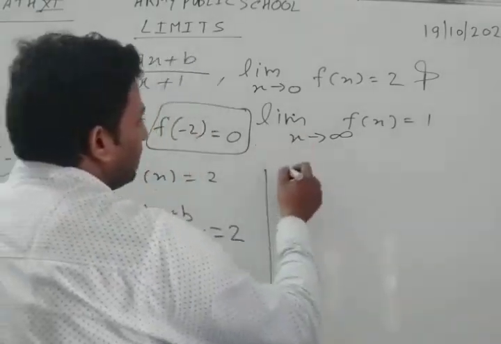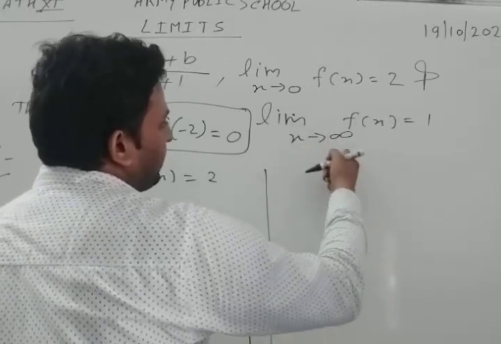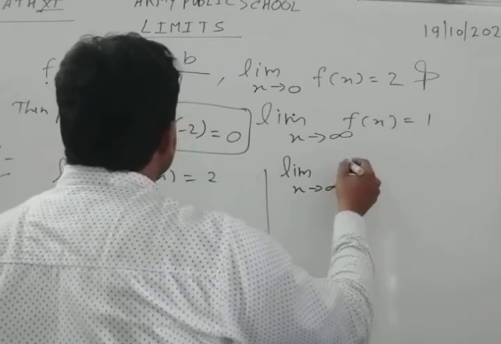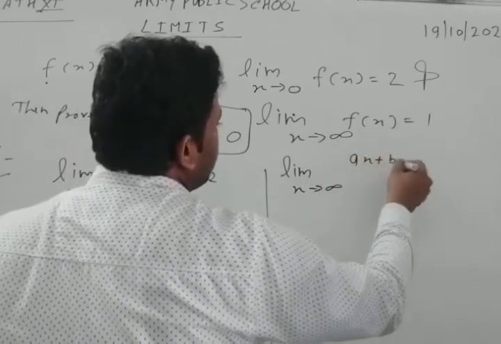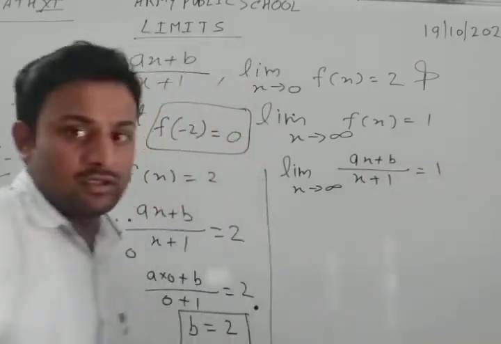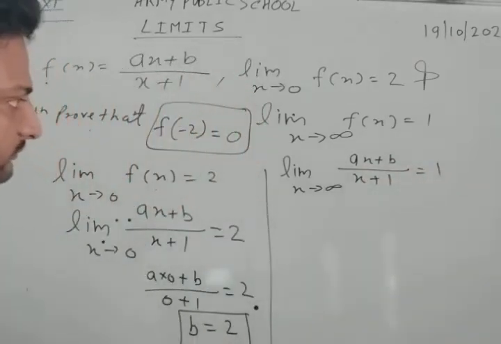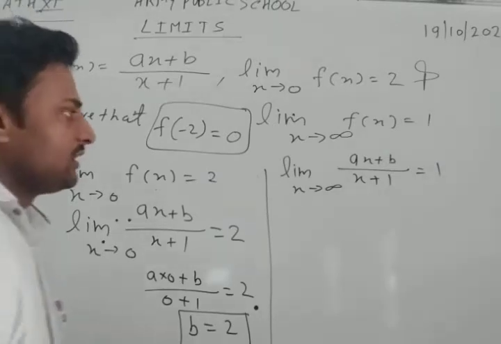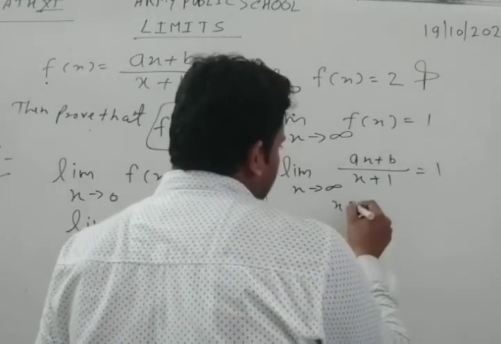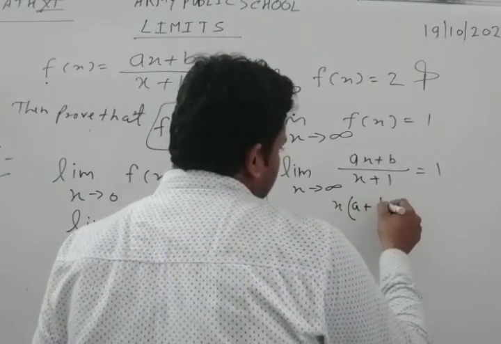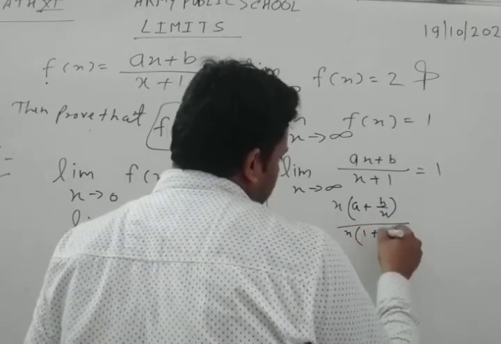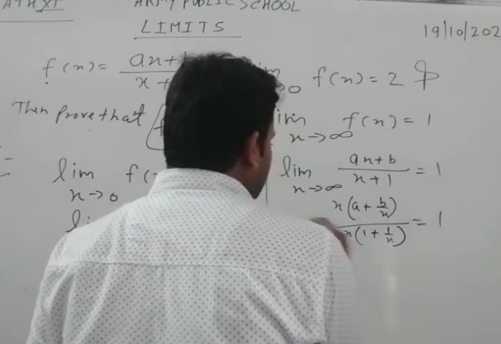Now take the other, limit x tends to infinity f(x), which is (ax plus b) by (x plus 1), and this is equal to 1. Now we will take x common, so we get x(a plus b by x) upon x(1 plus 1 by x), and this is equal to 1.